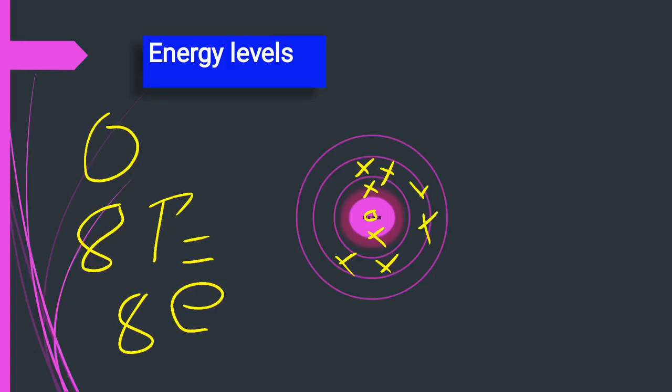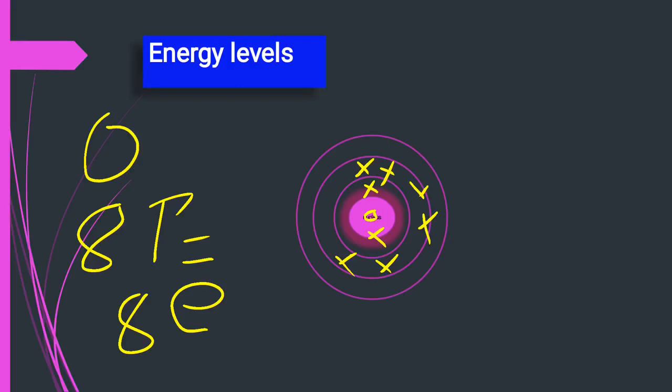So we have now 1, 2, 3, 4, 5, 6, 7, 8 electrons. All those 8 electrons are the electrons for oxygen, and because, like you can see, the second energy level now is not complete. Remember, we said that the second energy level can hold a maximum of 8 electrons, and it has only 6 electrons.